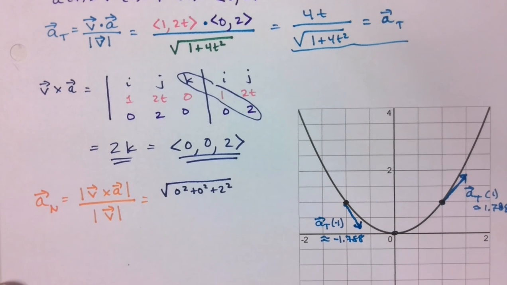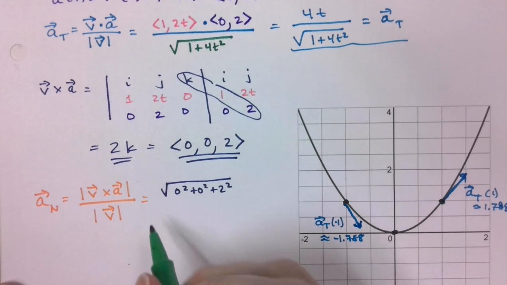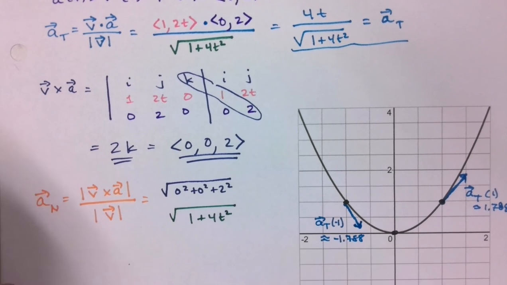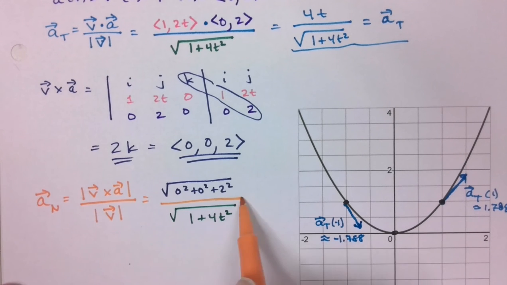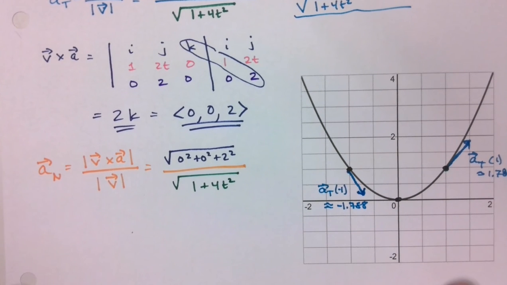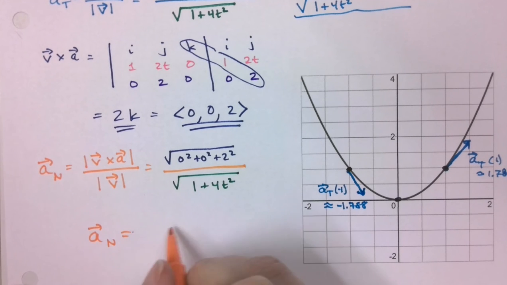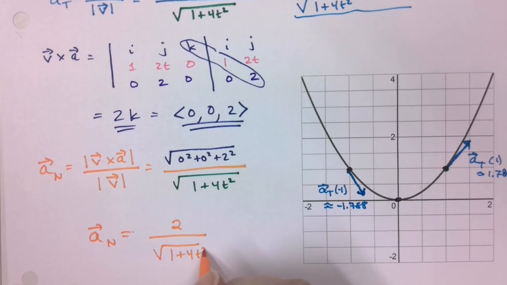And then the denominator is what we already found. It's the square root of 1 plus 4t squared. It's the speed. Okay, so that means that my acceleration component in the normal direction will be 2 over the square root of 1 plus 4t squared.